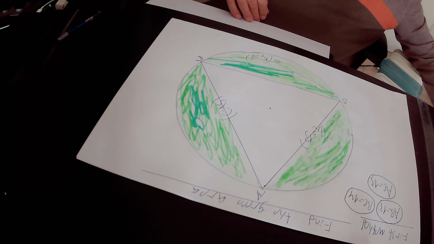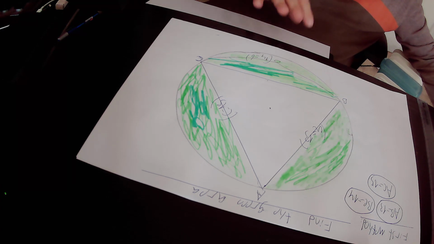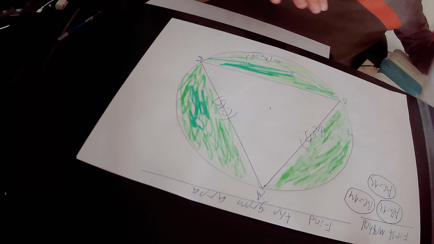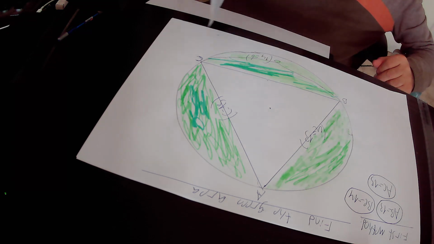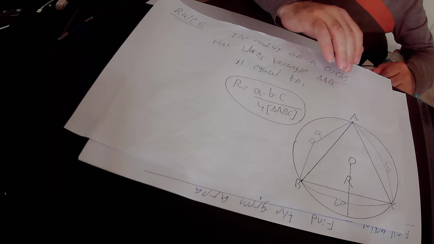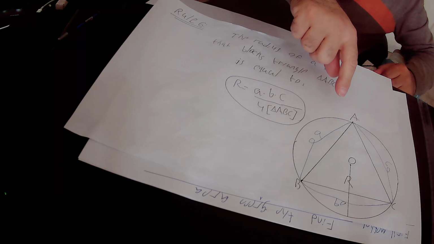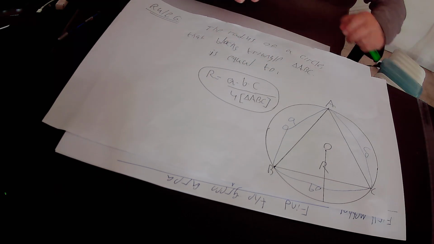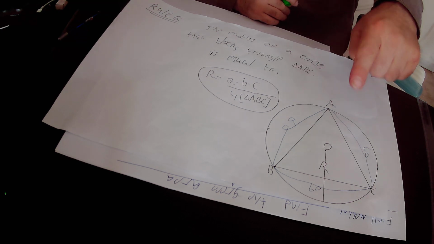Rule number 6 is about the radius of a circle that blocks triangle ABC, which could be any triangle. Here in the drawing we have a circle. This circle blocks triangle ABC.